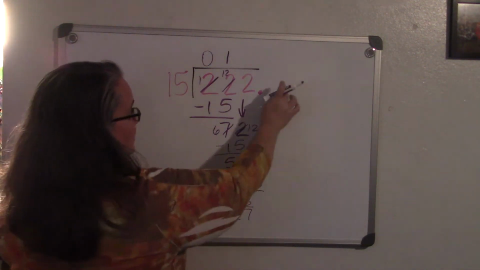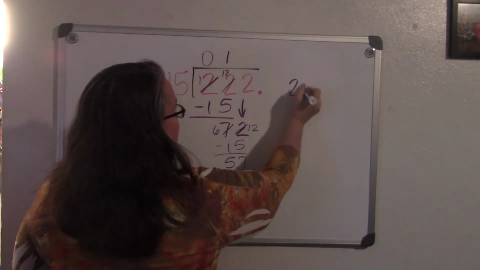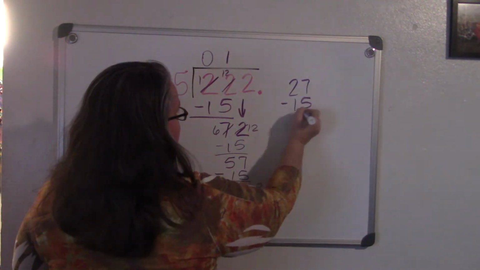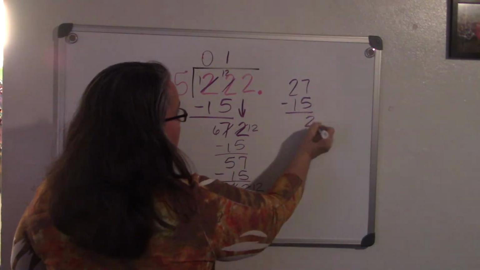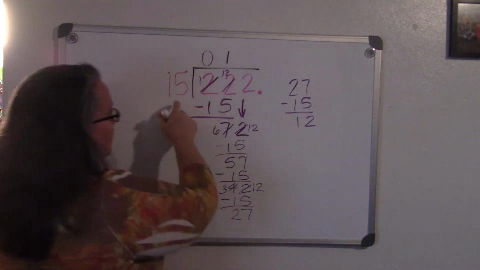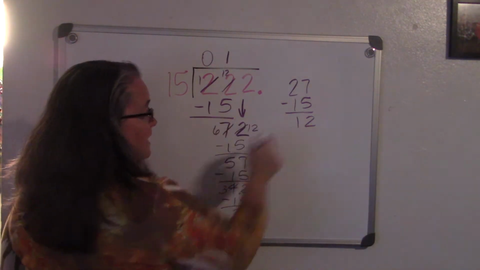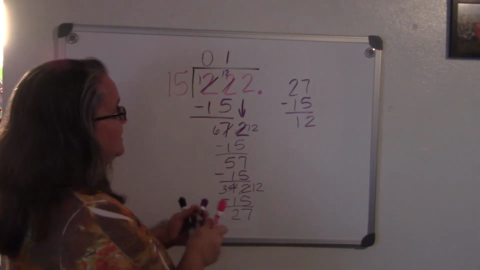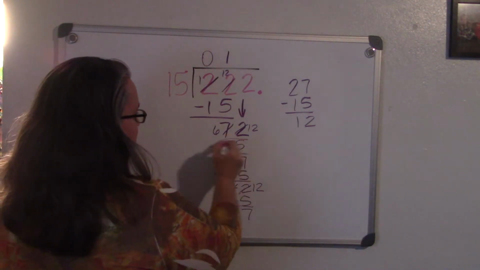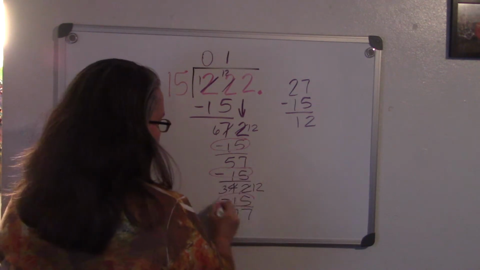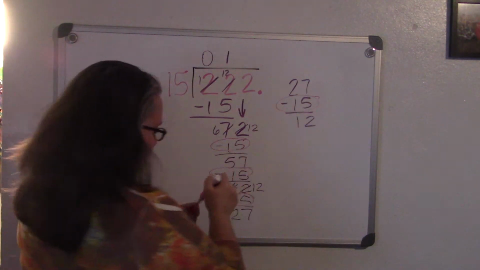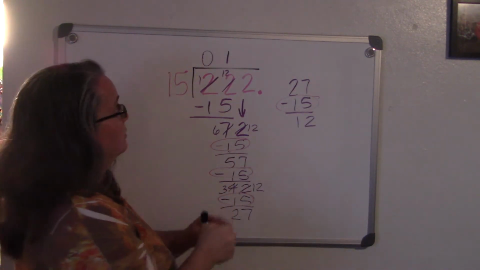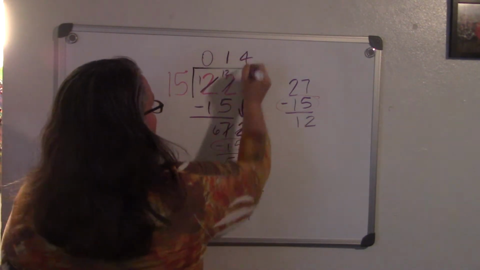Ladies and gentlemen, I have to go up over here. 27 minus 15. 7 minus 5 is 2. 2 minus 1. I cannot take 15 out of 12 because 12 is smaller. So all I have to do now is count. Ready? 1, 2, 3, 4. I have 4. So up here I put a 4.